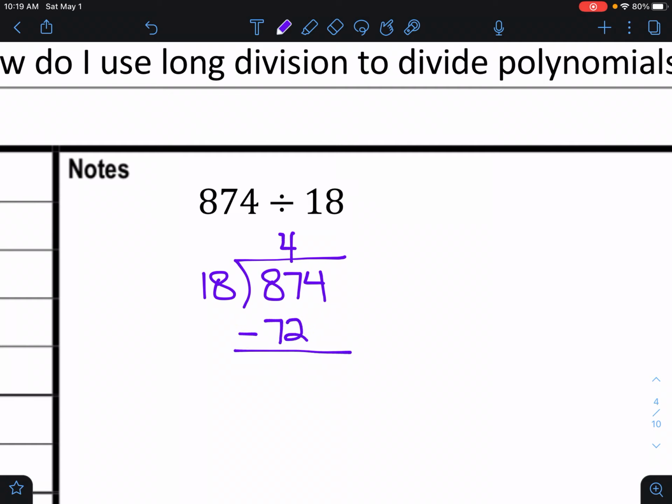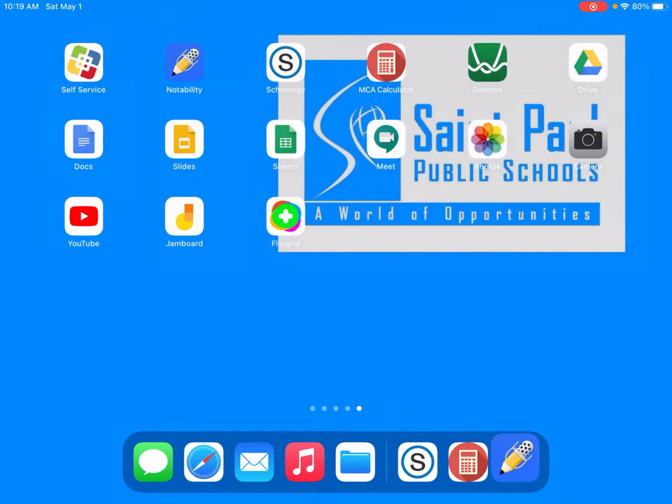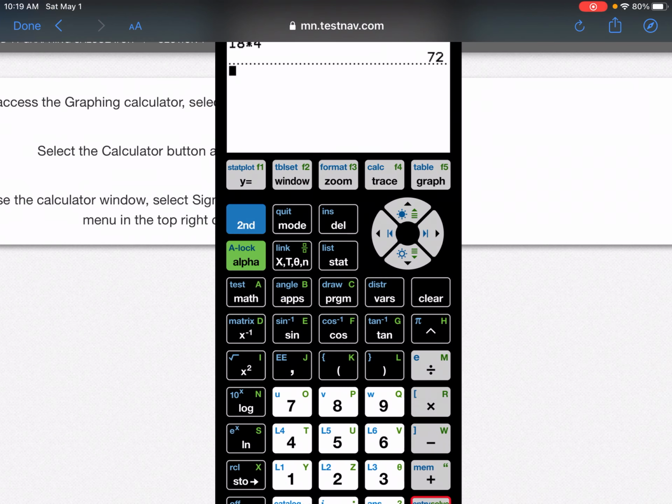Draw your line, and you remember you subtract. And then this would give me 15. And then now I'm going to bring down that 4. That would come right here. And then we would say, okay, now 18 goes into 154 how many times? You might have to play around again with your calculator. Just try it out.